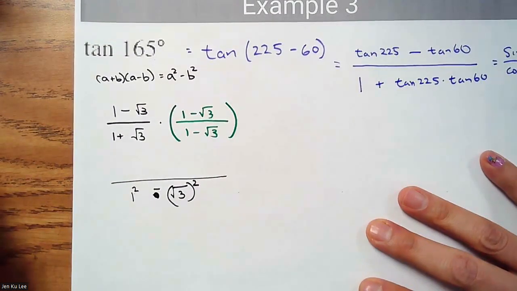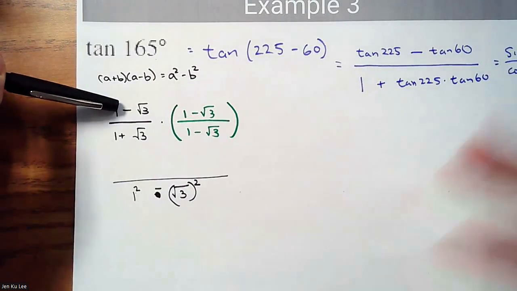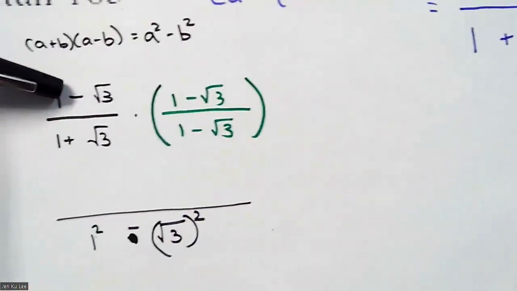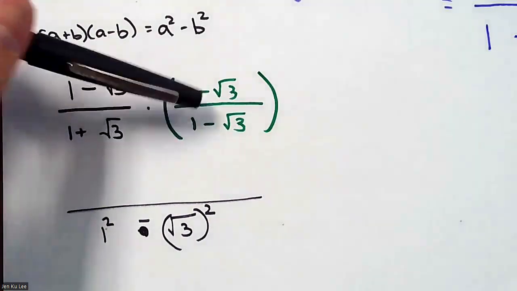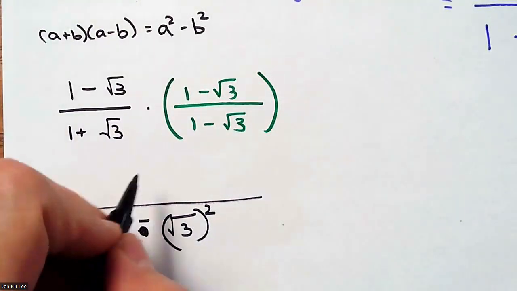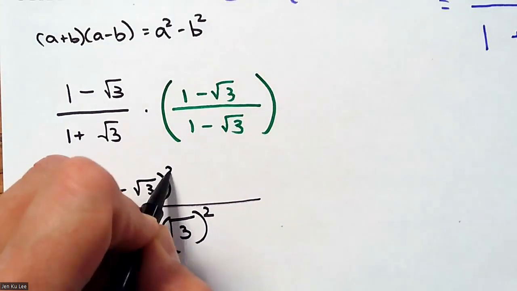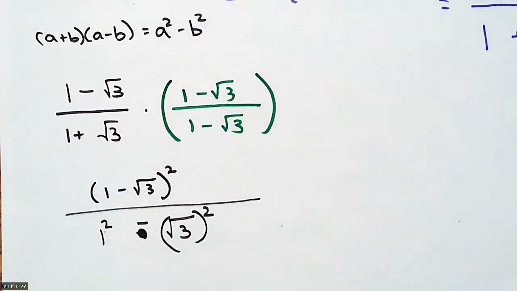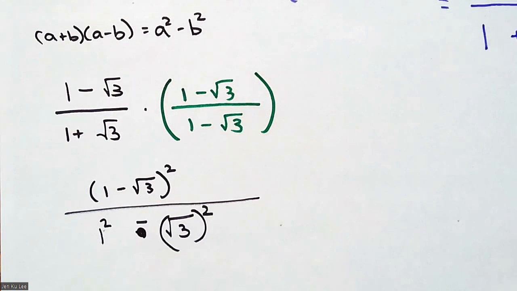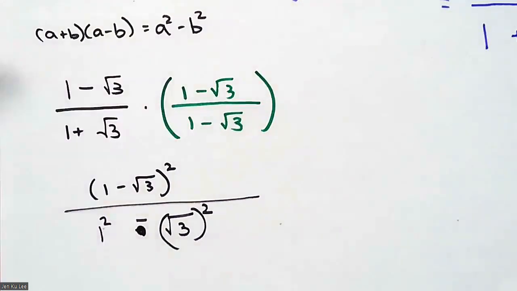In my numerator, I have 1 minus square root of 3 times 1 minus square root of 3. That is just 1 minus square root of 3 squared, right? Because I'm multiplying it by itself.